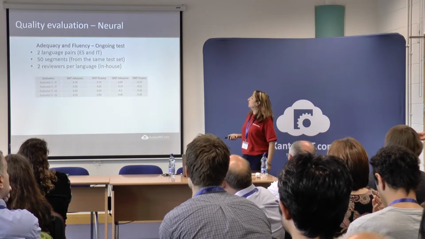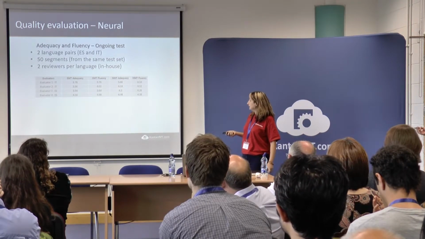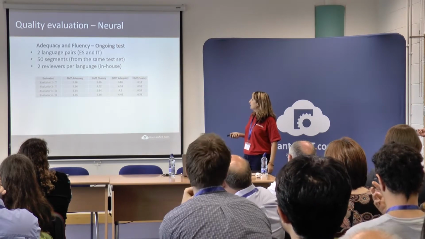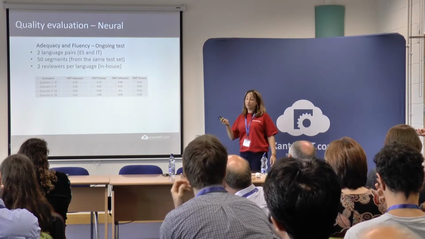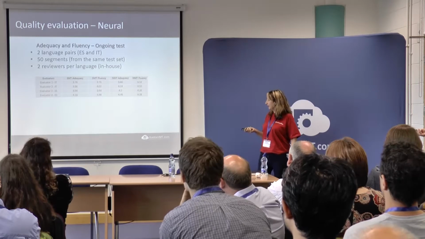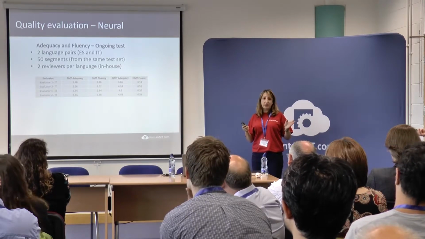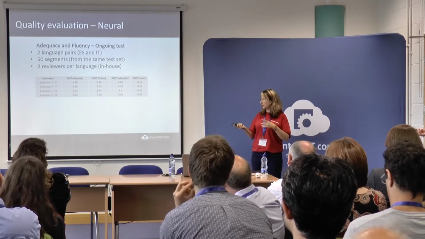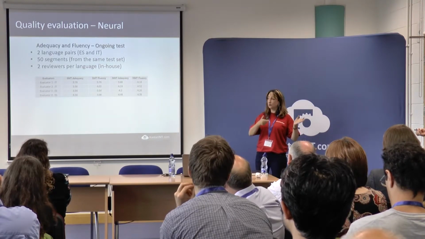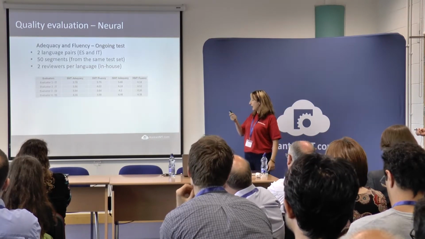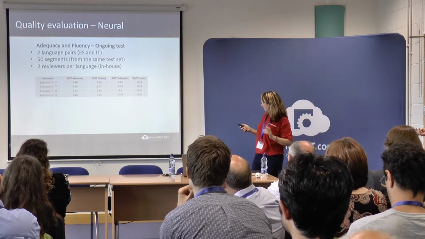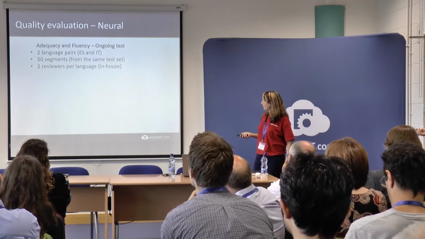So in this case, we've done an adequacy and fluency test for 2 language pairs, 50 segments. I did 100 segments myself, just to see if 50 was going to be too little, but actually the results were the same, so we decided to go for 50 segments. And we've done 2 reviewers per language in-house.